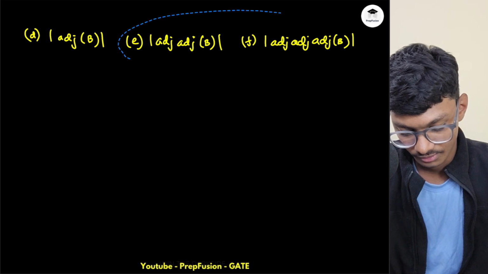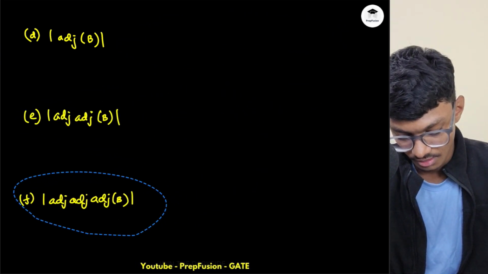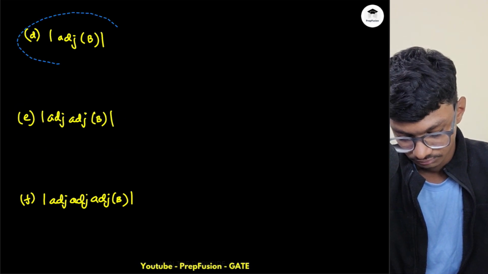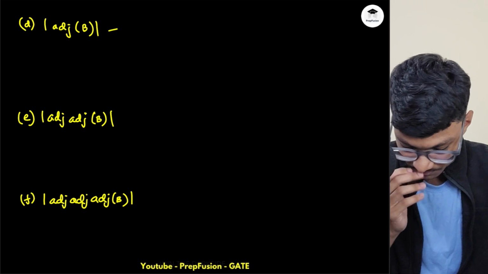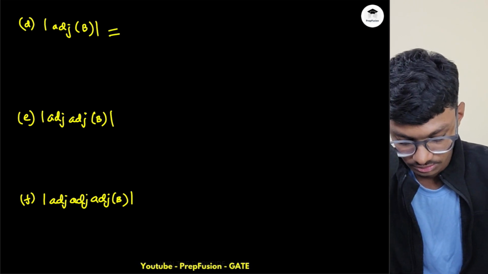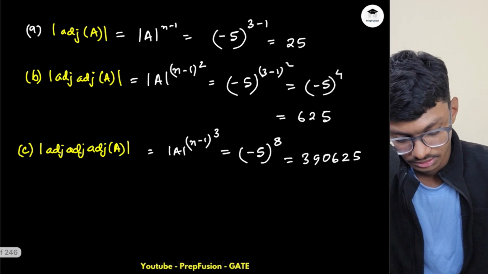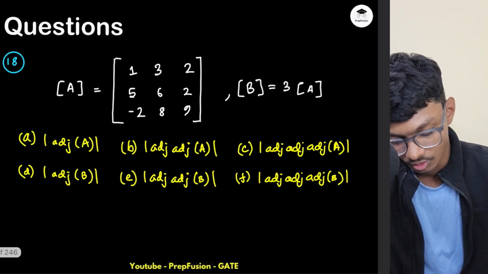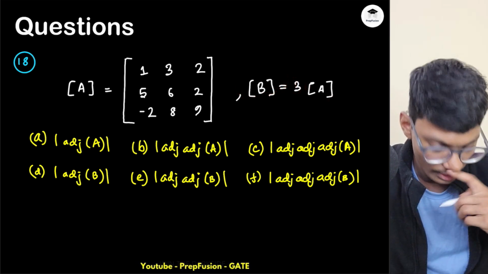So what is determinant of adjoint of B? So basically it will be determinant of B to the n minus 1. The order of B will be same because they are related with an equal sign, so order of B and A are same.